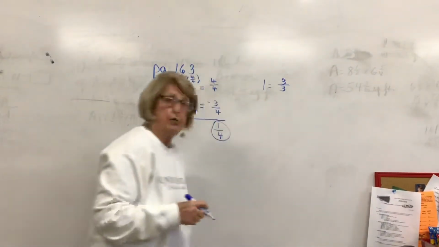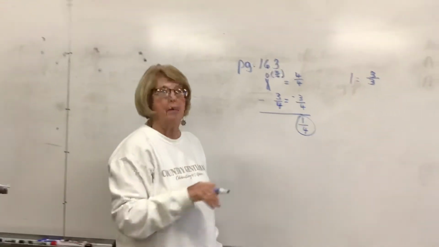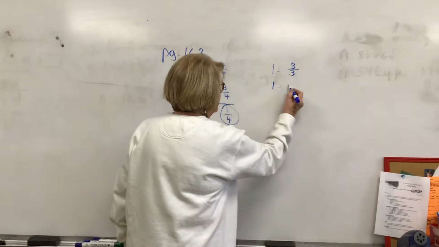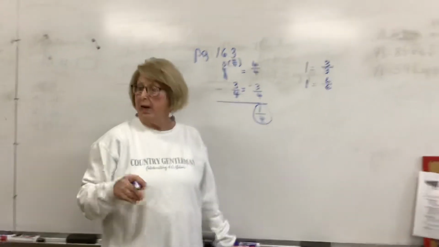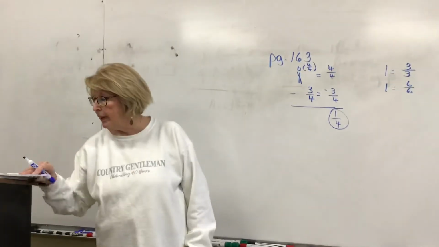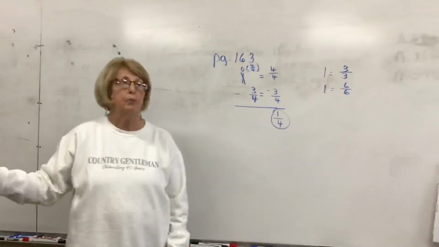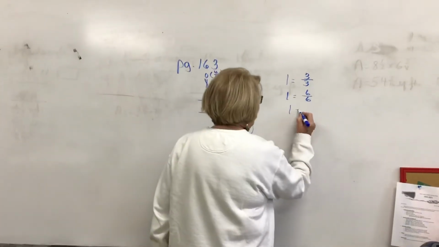All right, go to the next one. The next one is 1 equals how many sixths? And continue the pattern. How many sixths would 1 be? 6/6. The next one, please fill it in, is 1 equals how many fourths? So you would put 4/4. 1 equals 4/4.